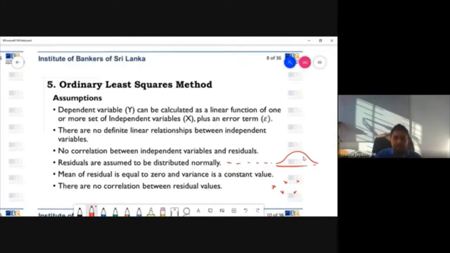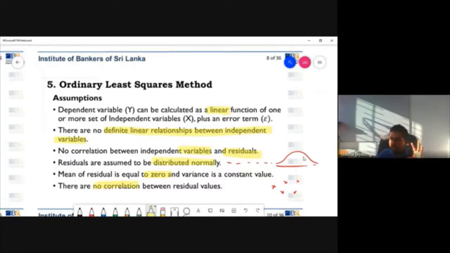So the essence of all these six different assumptions is that we assume it is going to be a linear one, with no definite relationship between any independent variables, and no relationship between the variables and the residuals. Things are normally distributed, there is no correlation, and the mean is going to be 0 for the residuals.